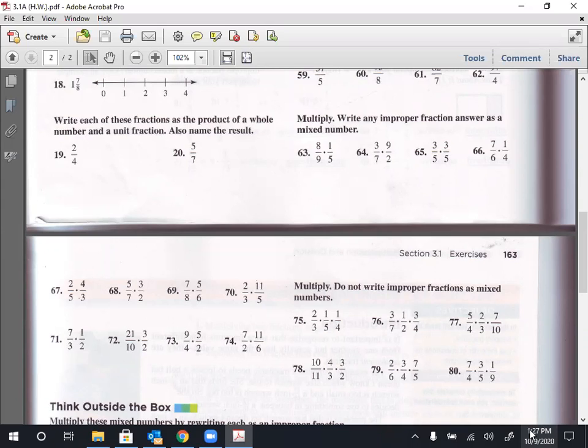To multiply fractions, you're going to multiply across the top and multiply across the bottom.